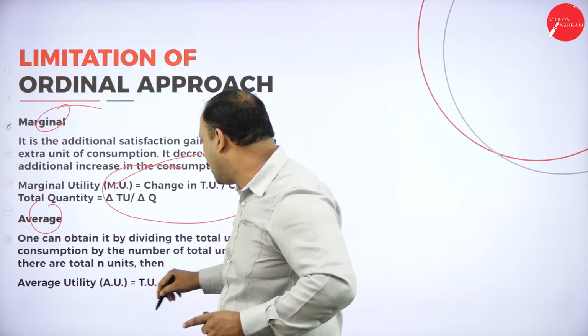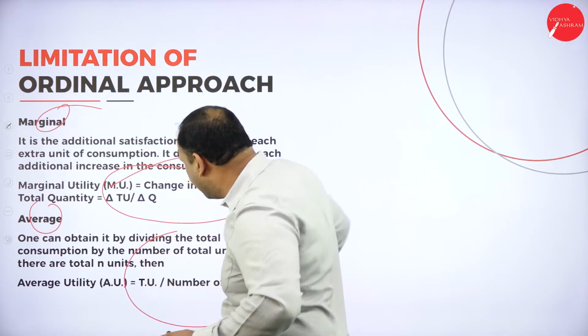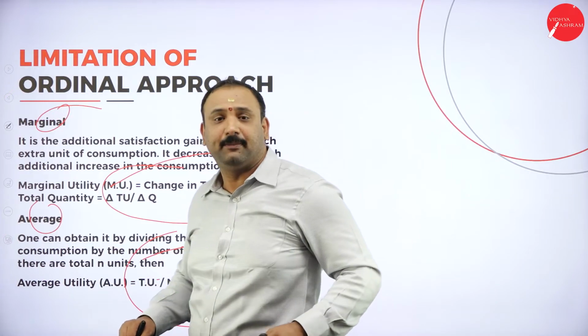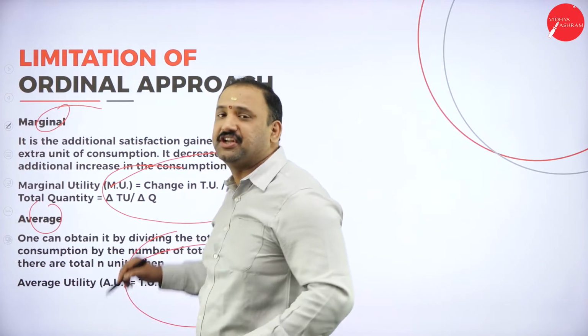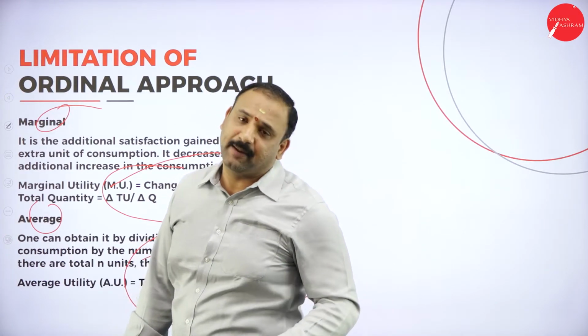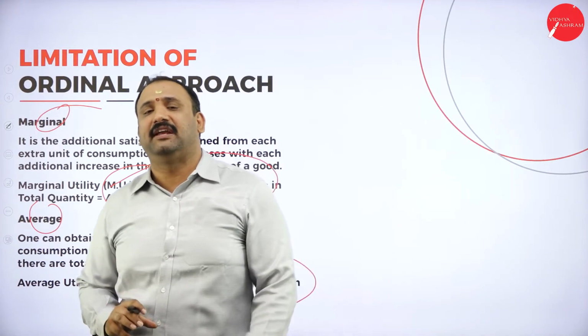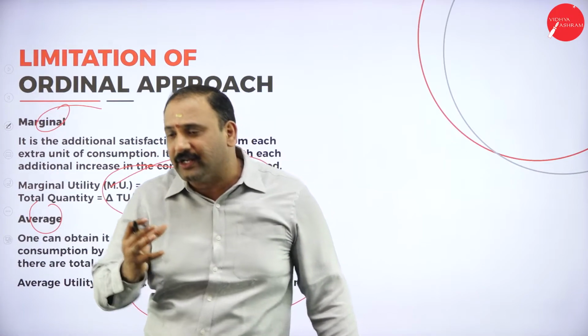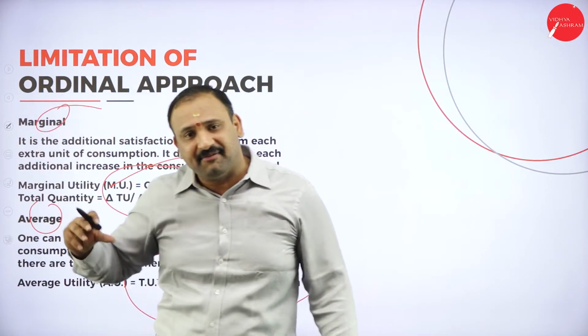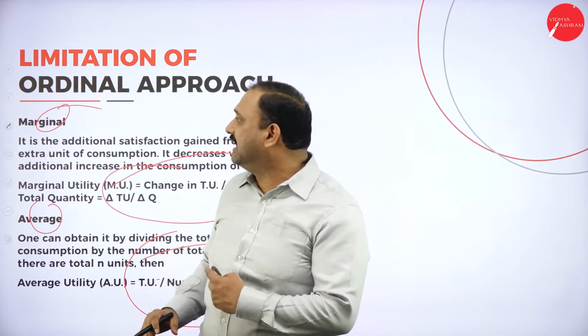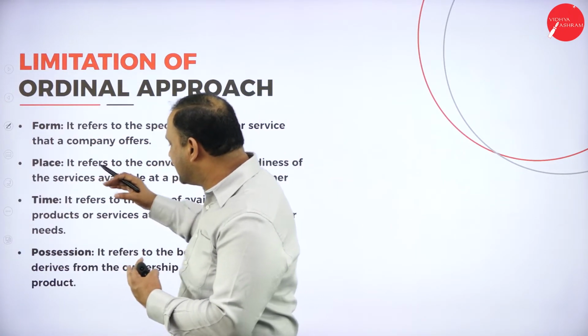Similarly, the average is obtained by total utility divided by the total number of units. Again, you cannot measure units in the ordinal approach. So these are the limitation factors that we can talk about. Though we have a total utility, a marginal, and an average, the values cannot be derived immediately.